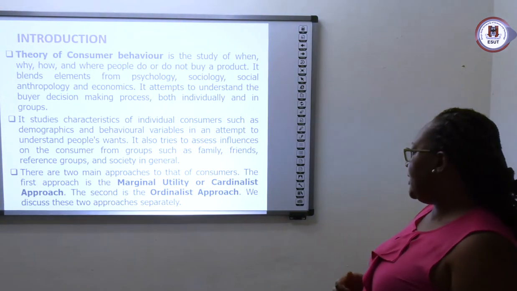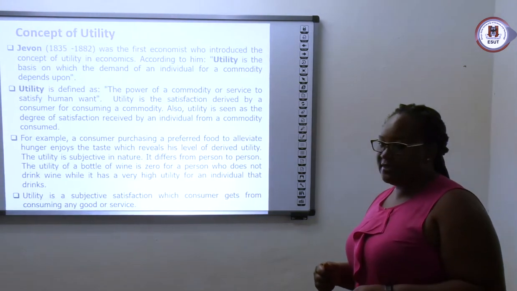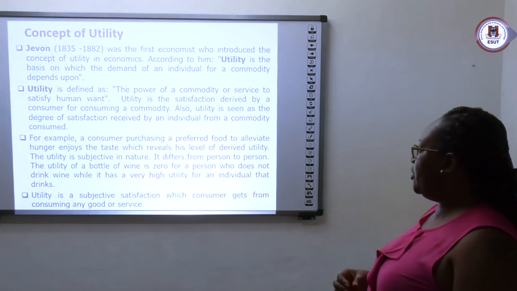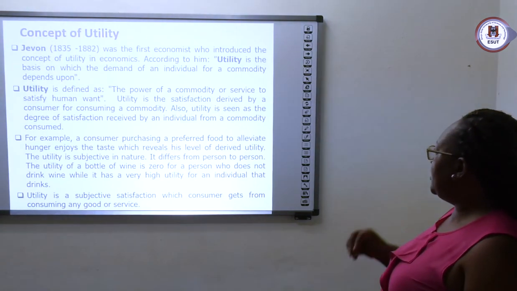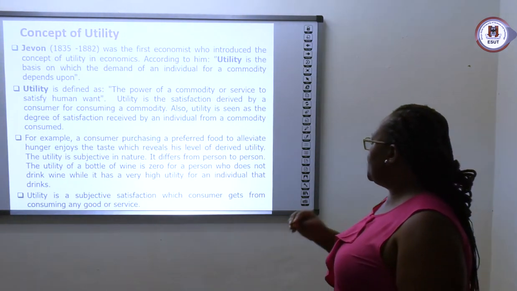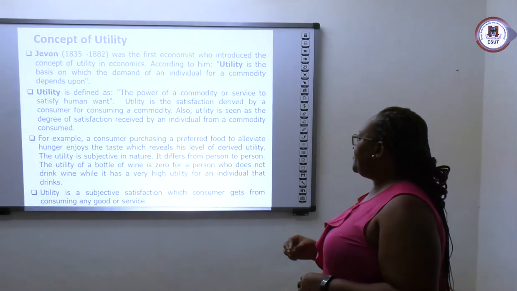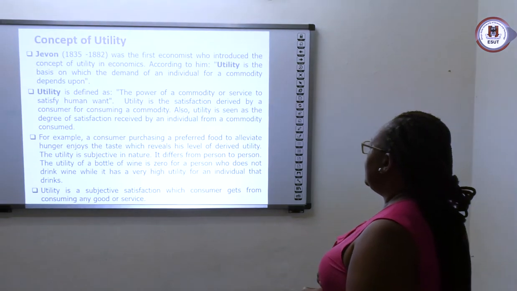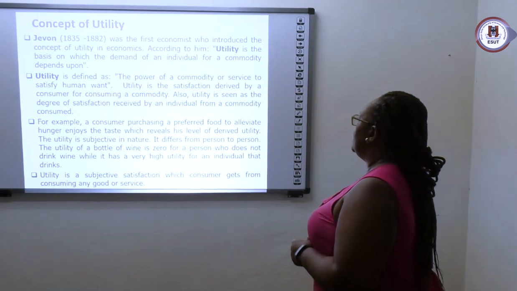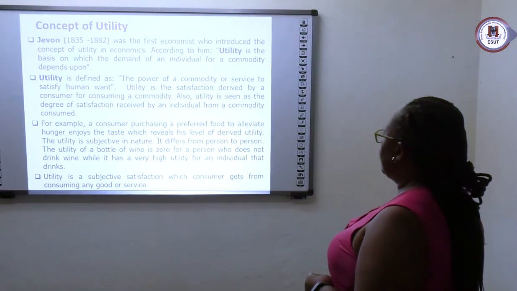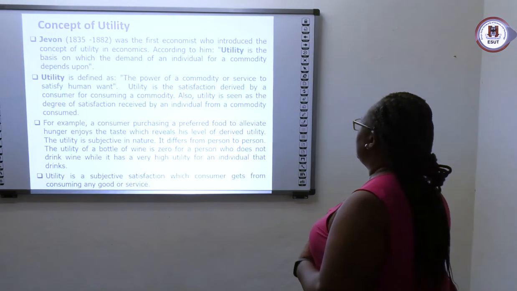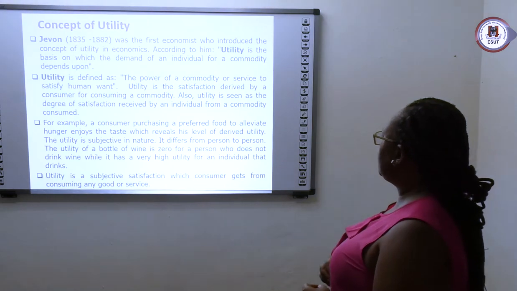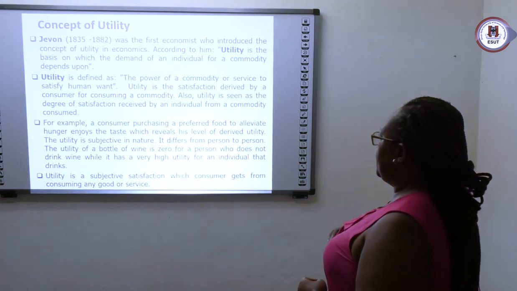While the cardinalists believe that utility is measurable, that utility is being measured by numbers. So Jevons, 1835 to 1882, was the first economist that introduced the concept of utility. According to him, utility is the basis on which the demand of an individual for a commodity is dependent.